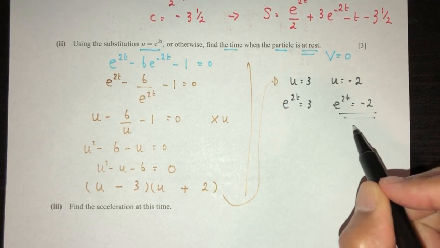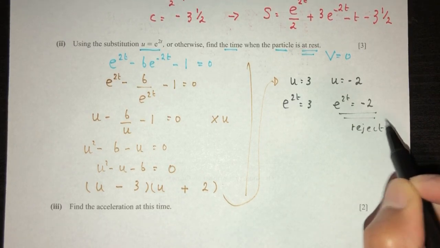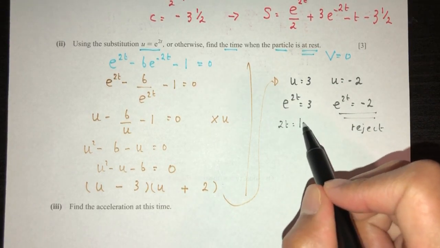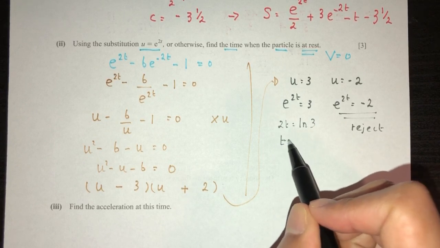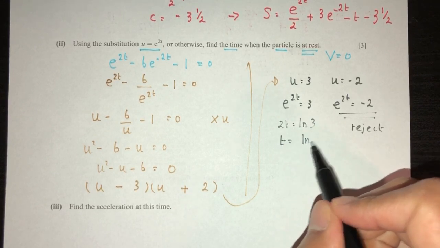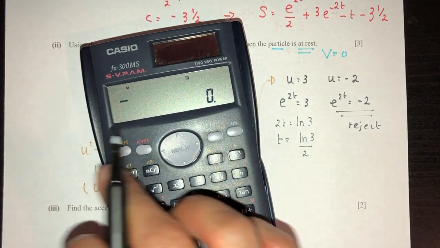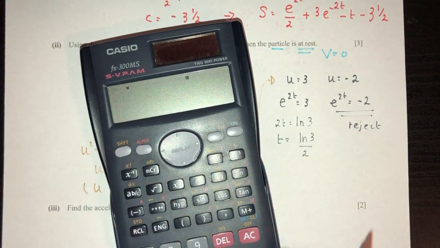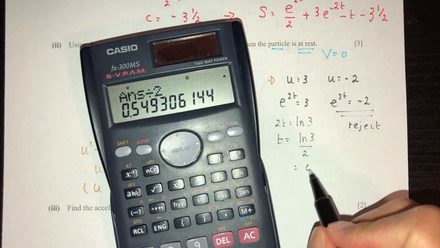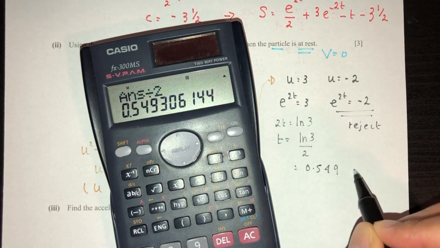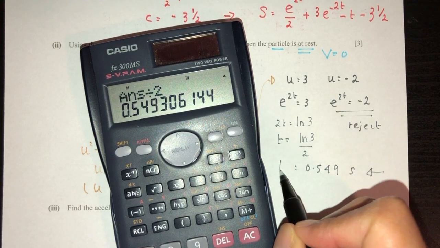Exponential cannot be negative, so we have to reject this value. So 2t will be ln of 3, t will be ln 3 divided by 2. Of course, you can find the value in decimal. That will be 0.549 seconds. That will be your value of t.